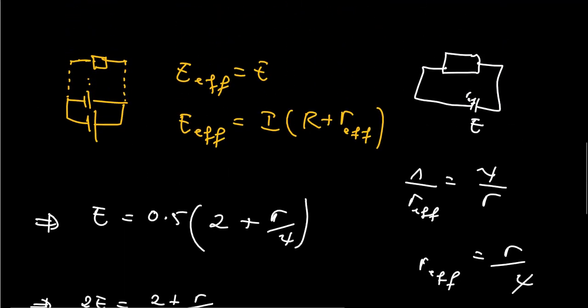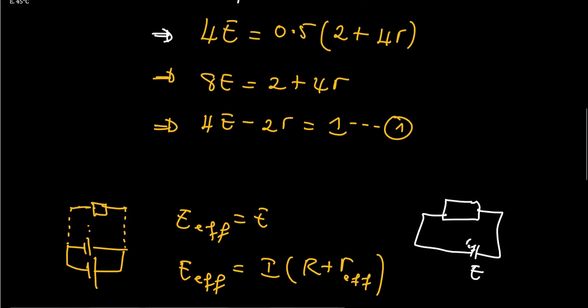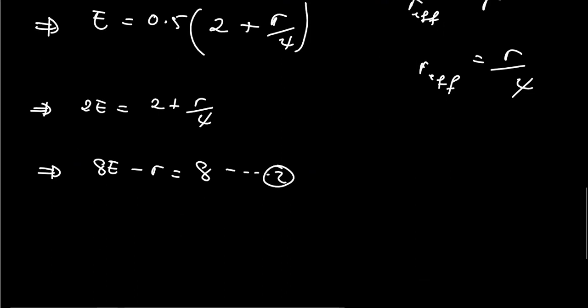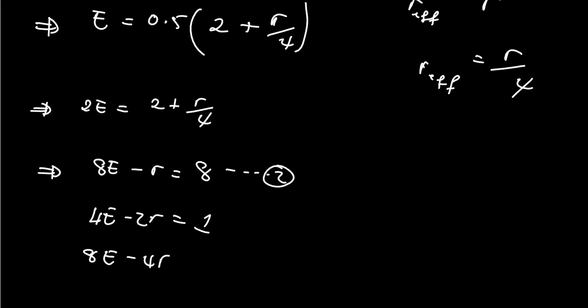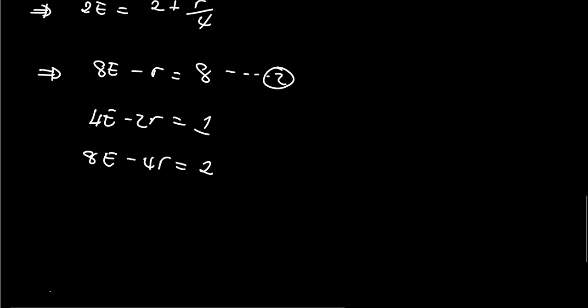So I'm going to solve this simultaneously with the first equation, which is 4E minus 2R equal to 1. I can multiply this equation by 2, which is going to give me 8E minus 4R is equal to 2. That was my equation 1.